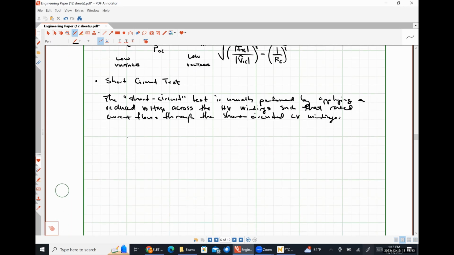So that's going to look something like this. So here we have some reduced voltage. We'll call this voltage V2.